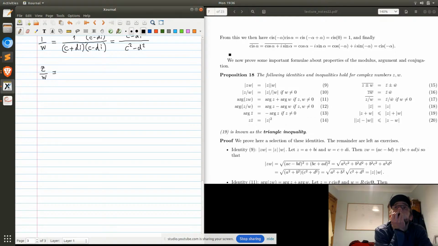Let's see. Just feel like this will be very large. Z over W is A plus BI over C plus DI. And so you do top and bottom times C minus DI, like that.